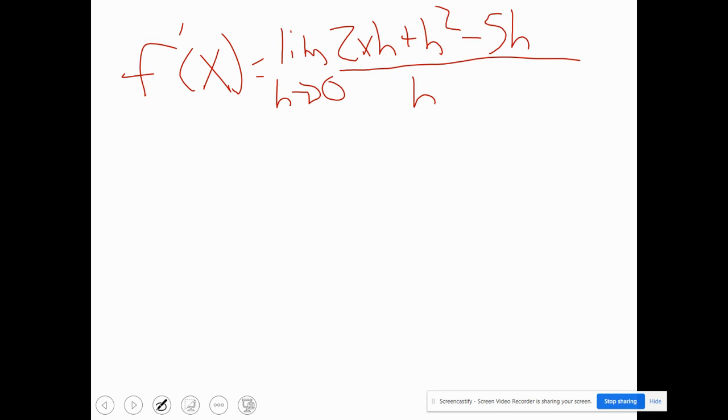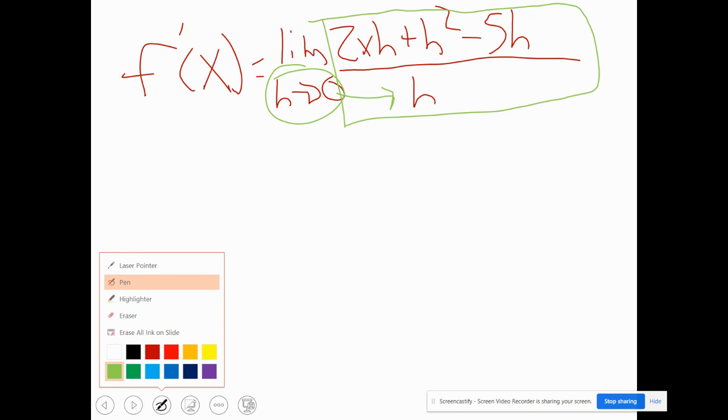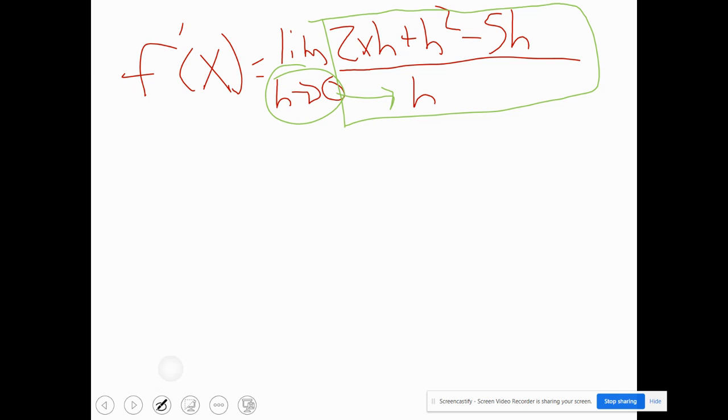Now I still can't plug in my h equals 0 because it still makes the bottom equal to 0. But now I can take this fraction and use one of the methods that we talked about yesterday. In this case, we can factor, reduce, then substitute.